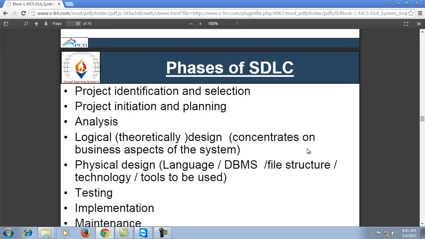Sometimes the system analyst has to schedule different meetings. These meetings could be formal or informal.